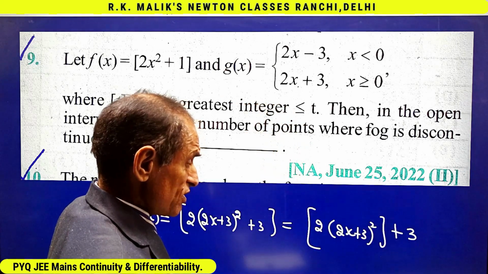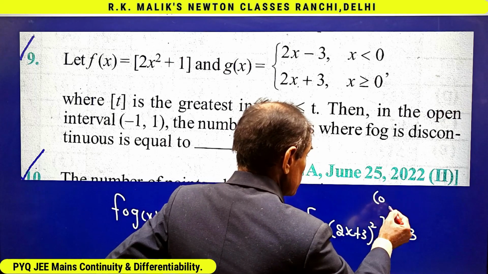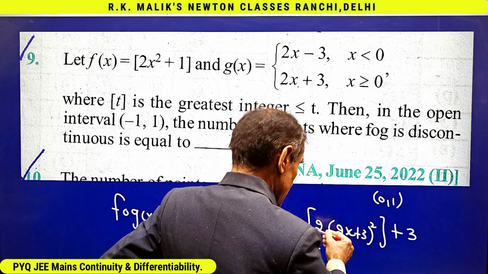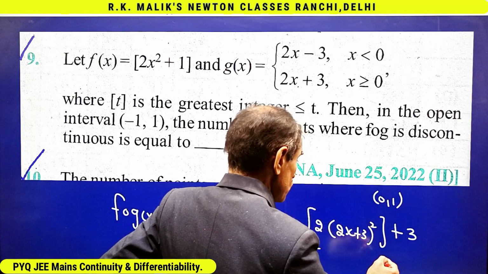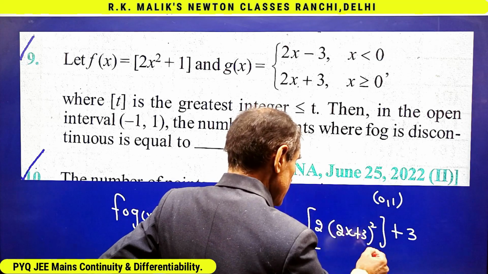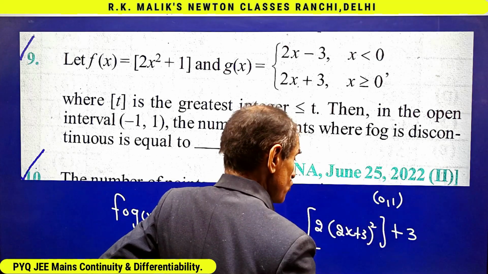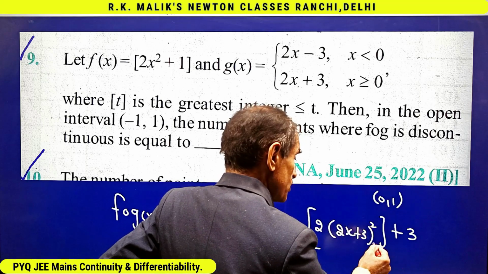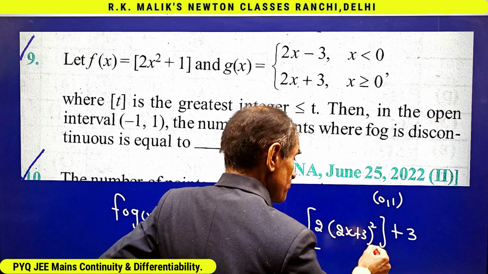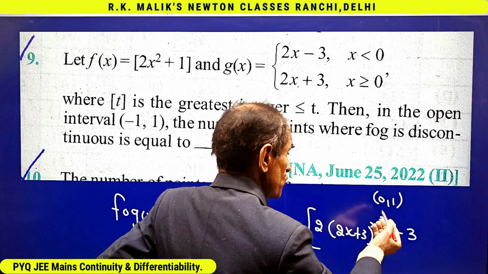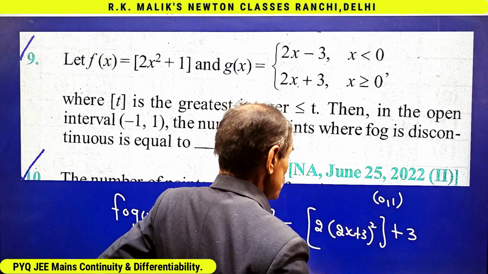And now we'll find when x lies between 0 and 1, how many integral values this can take. This whole will be discontinuous at all those points wherever this is an integer. Just for knowledge, I am telling you, at -3/2 it is a continuous function because it has local minima. But this I have told just for knowledge because we are dealing in the interval 0 to 1.